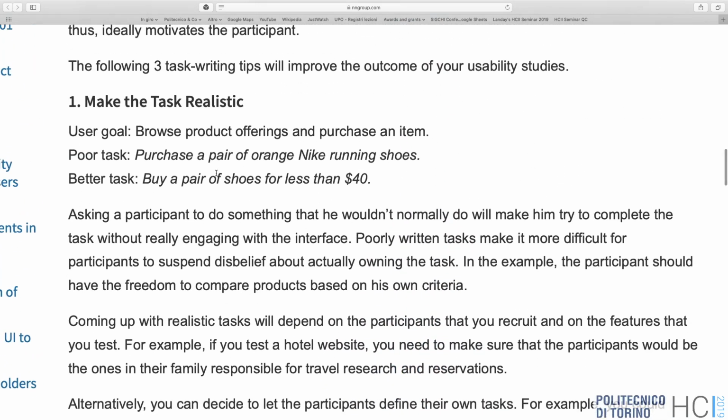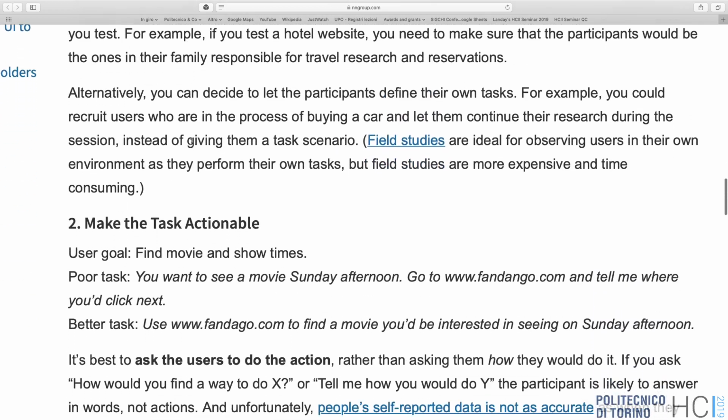So for instance, if your goal is to browse product offerings and purchase one of them, the better task is buy a pair of shoes for less than $40. So specify what you're going to buy and which criteria you have to use during this process.